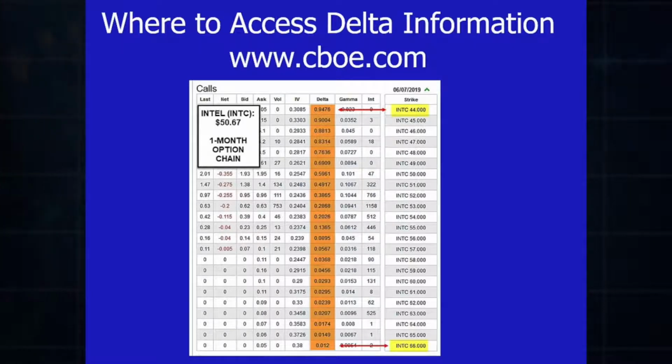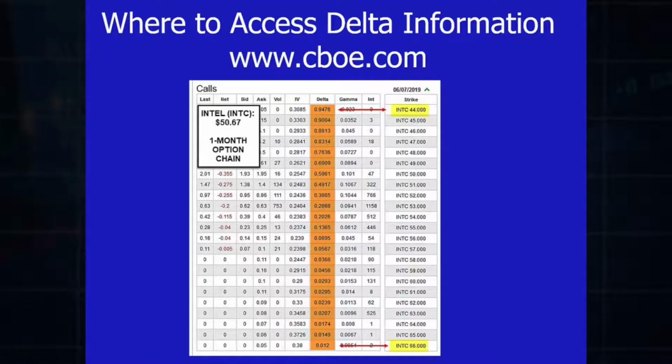So what we have here is different deltas, because if you take a look at the deep in the money strike, we would expect the delta, if you think back to that graph, to be very close to 1. In this particular case, it's 0.9476, 0.95, very close to 1. For every dollar that the Intel moves up, the option value will move up by 95 cents. So that's what the deep in the money 44 call will do.